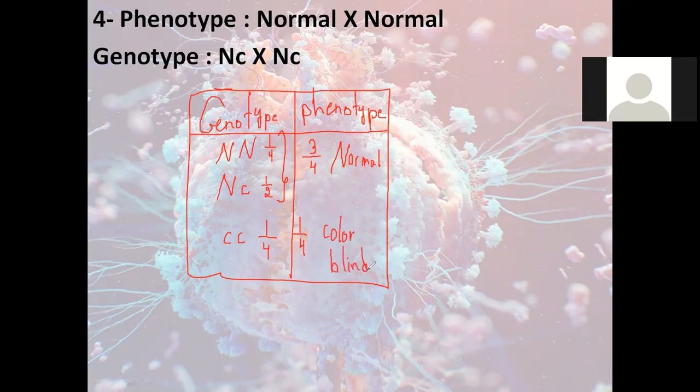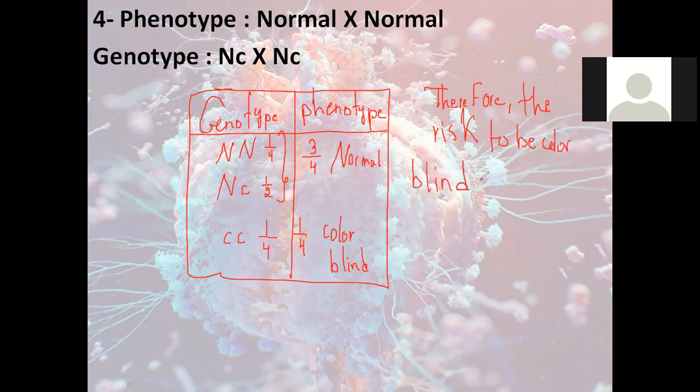They ask you for the risk. You have to write it at the end. So therefore, the risk for the fetus to be colorblind for the fetus is what? It's 1 over 4. To be colorblind is 1 over 4.